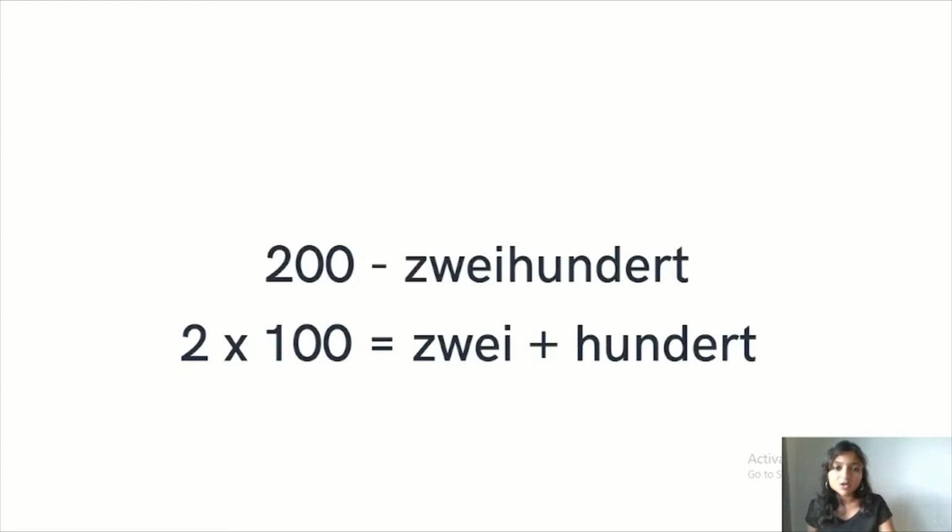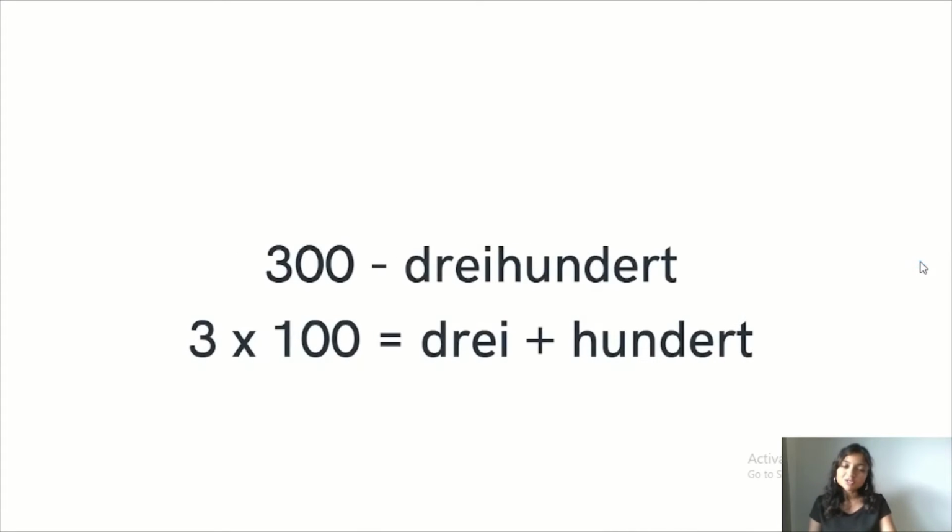200 called as zweihundert. 2 is zwei. Okay? Literally you have to convert it from English to Deutsch. So 200 is 200. Similarly, 300 is 300.